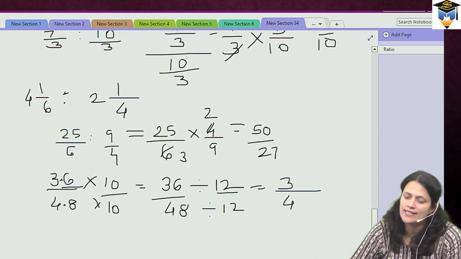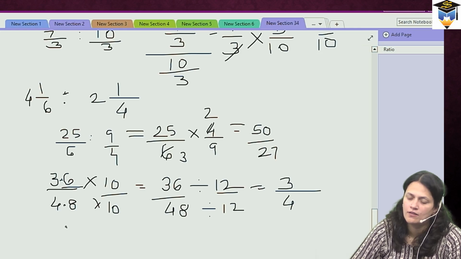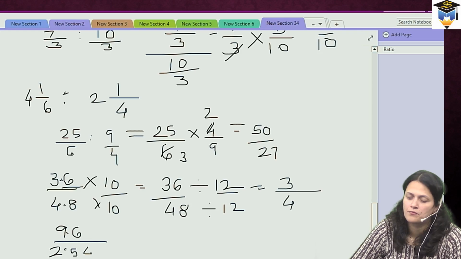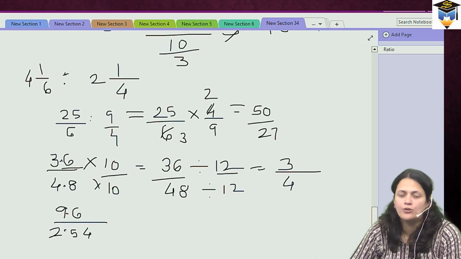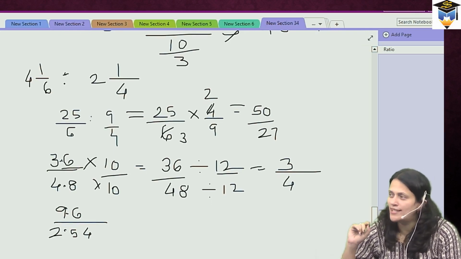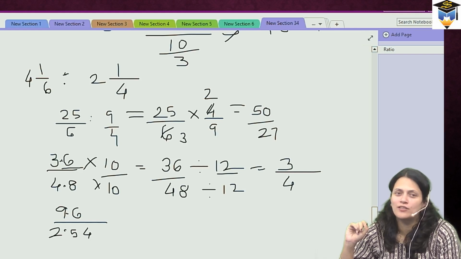Now take one more example. 9.6 is to 2.54. Find out the ratio. 9.6 upon 2.54.